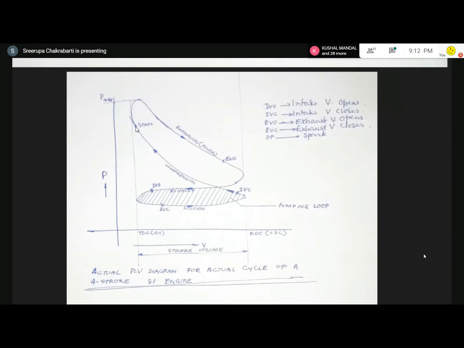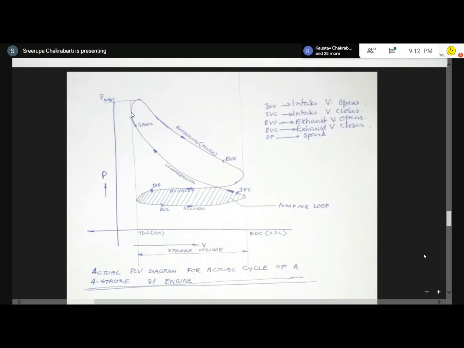So from this point, when the spark occurs, to this point, which is called the top dead center, the pressure rises, but this is not because of any combustion. Combustion will start somewhere here, right?